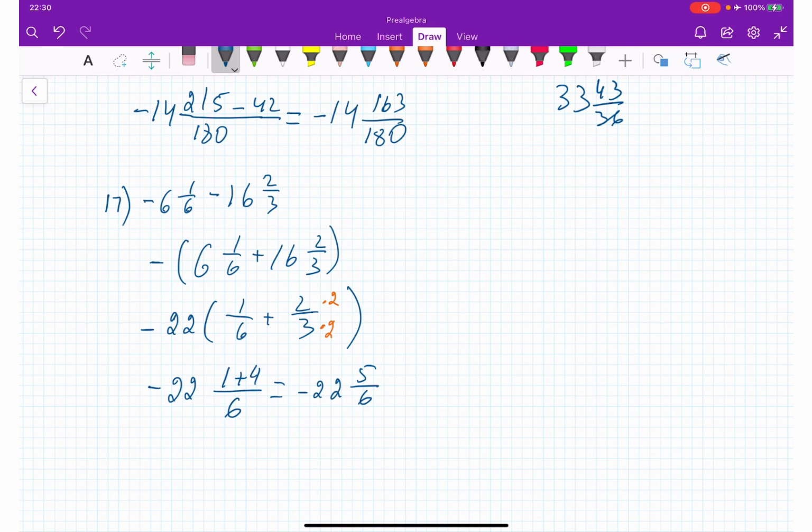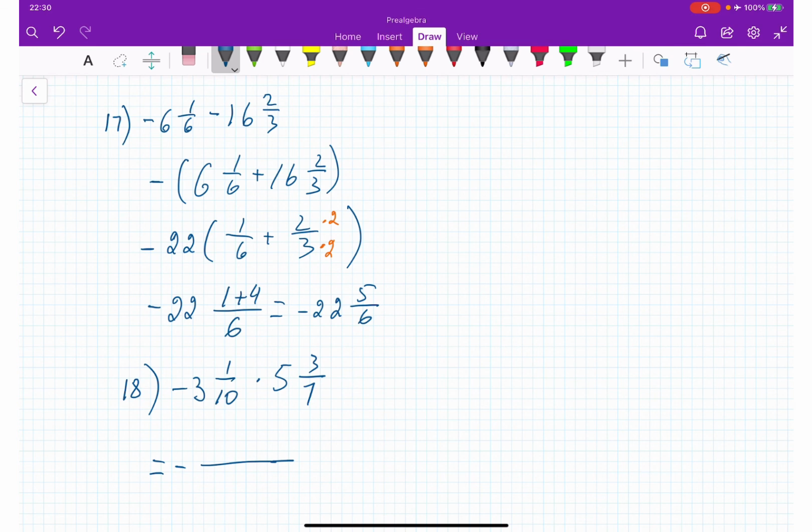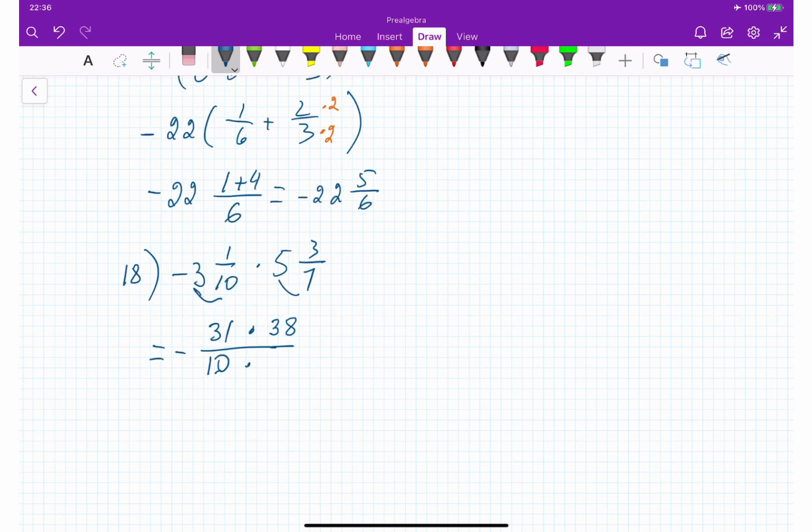Okay, question number 18. We have negative 3 and 1/10 times 5 and 3/7. Okay, what we're going to do is convert into improper fractions. 3 times 10, 30 plus 1, 31 over 10, multiplying 5 times 7, 35 plus 3, 38 over 7.